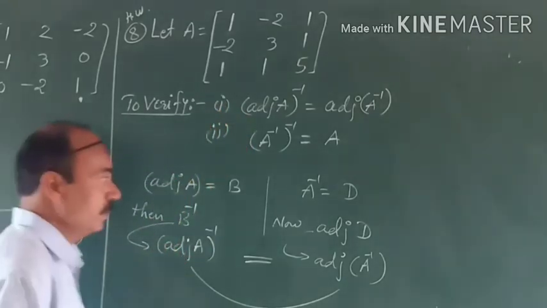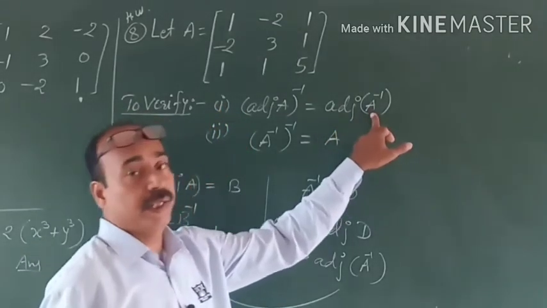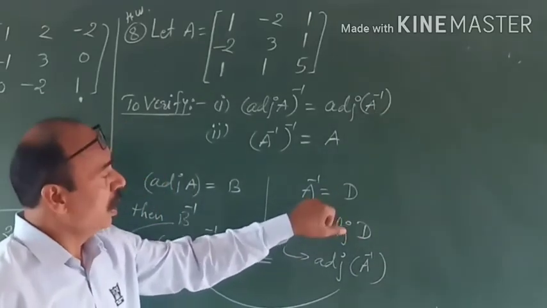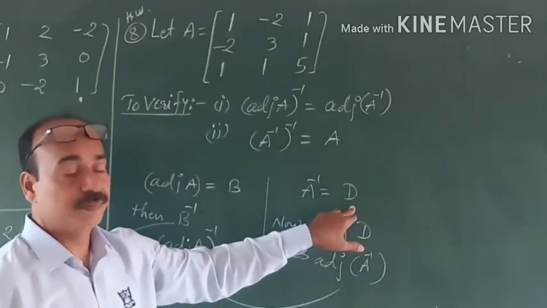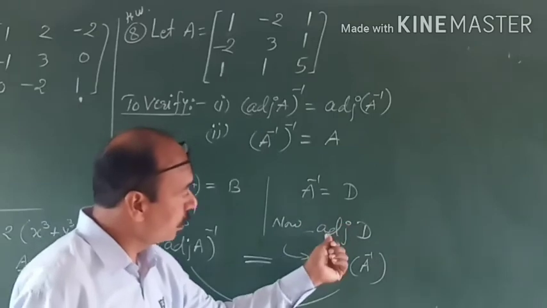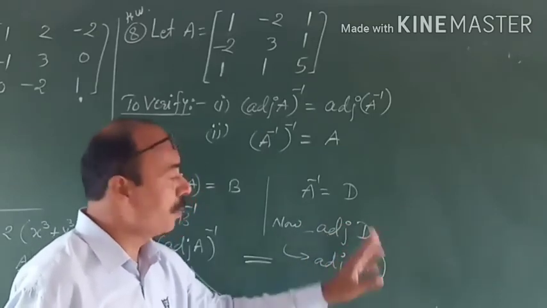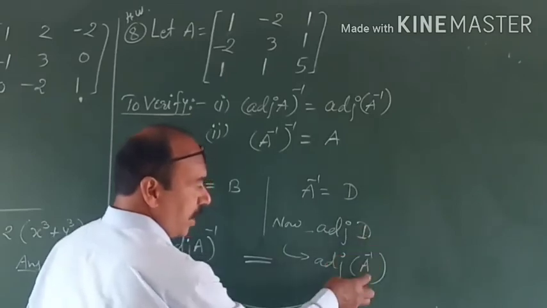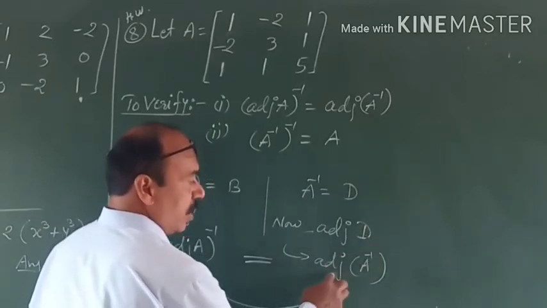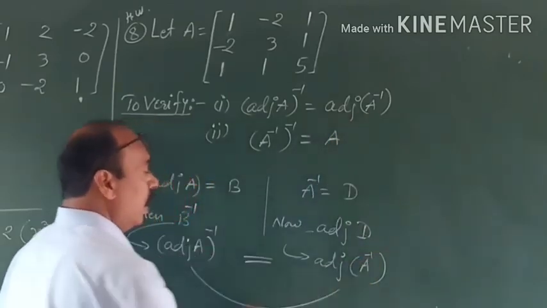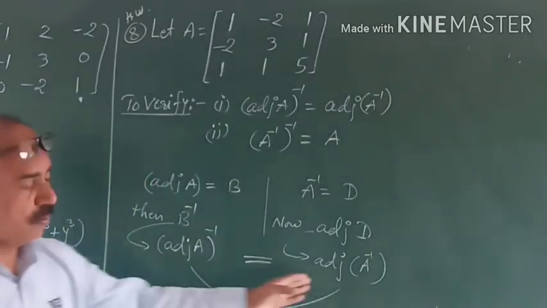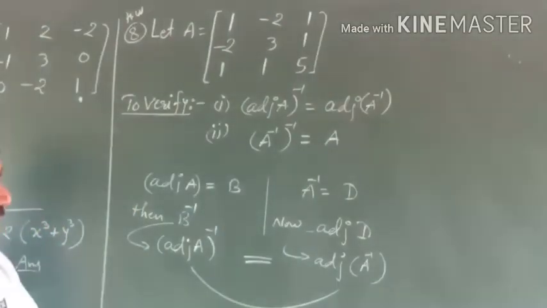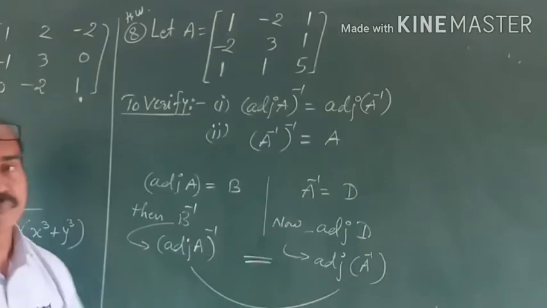Now RHS. First you find A inverse, and suppose this is D. After that you will find adjoint of D. D means A inverse, in place of D write A inverse. This is adjoint of A inverse. Give equation numbers 1 and 2. You will see that both equations are equal.